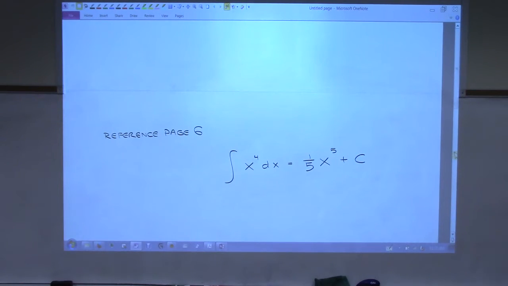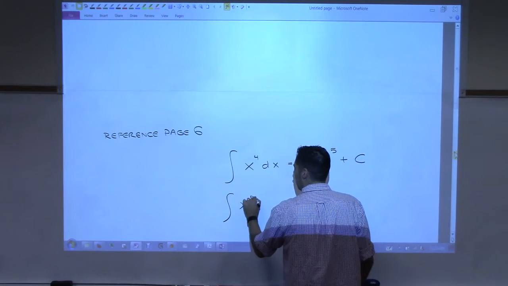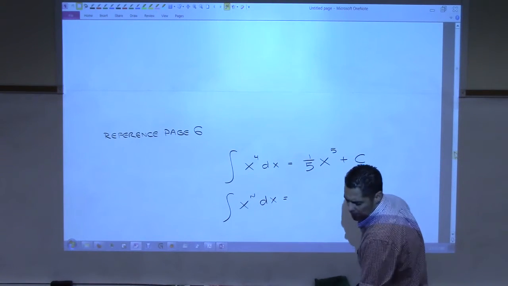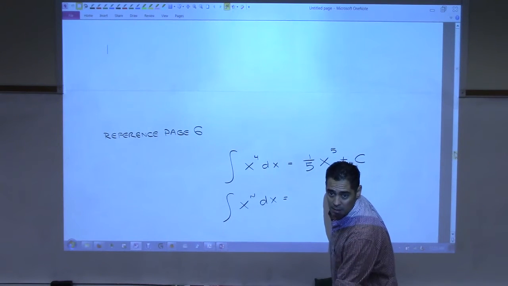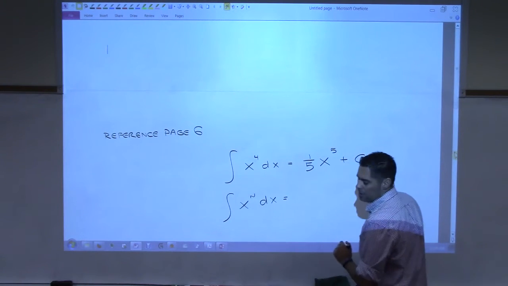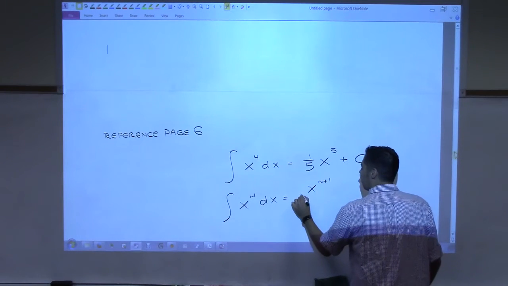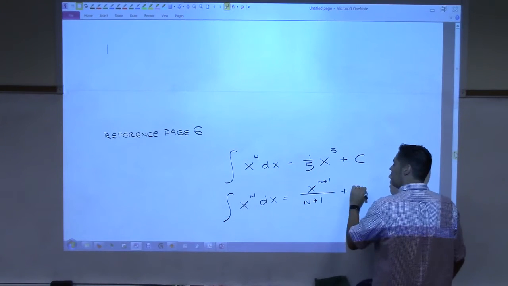All right, so that formula right there is a generalization of this rule. It says, look, if you have x to the n, then your answer is going to be, they use u instead of x, right? Your answer is going to be x to the n plus 1 over n plus 1, and then plus c.